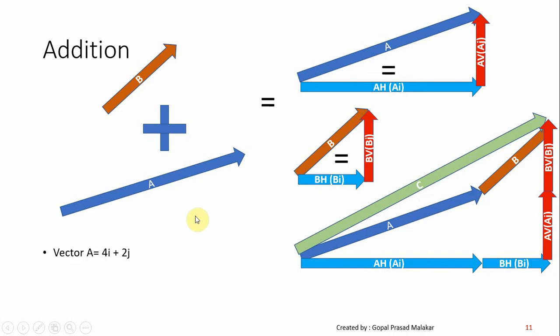So if vector A is 4i plus 2j and vector B equal to 2i plus 2j, then the resultant vector C will have two components. I component will be given by 4 plus 2, just add up these two horizontal components, and the vertical component is just the add up of these two. So 2 plus 2, 2j.